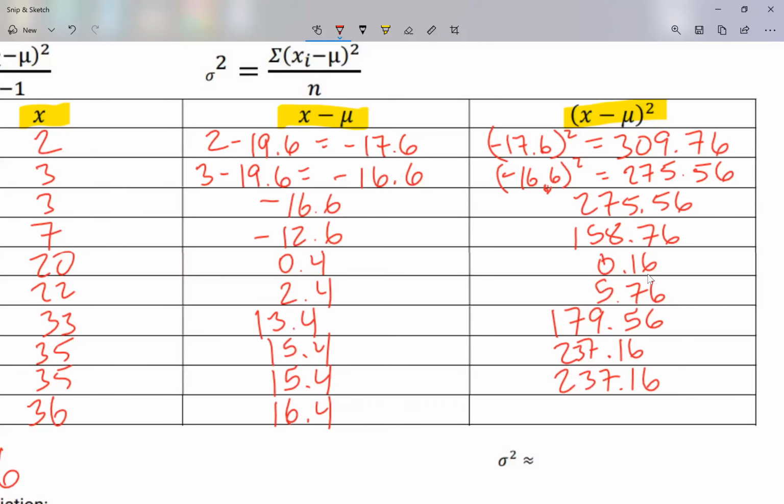And lastly, 268.96. So all I did was x minus mu all squared.